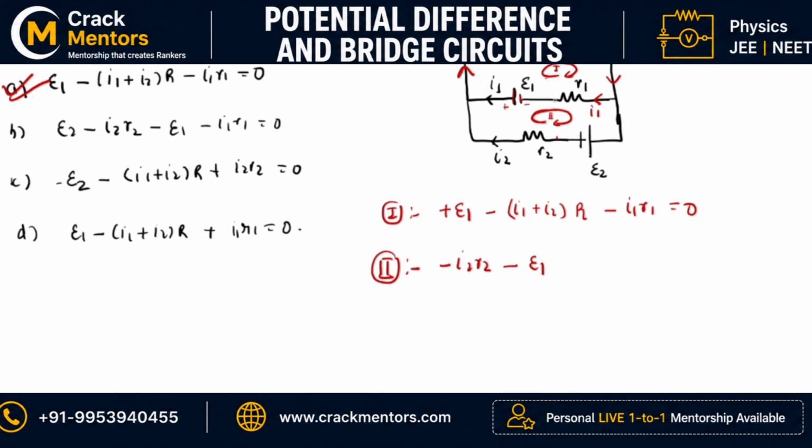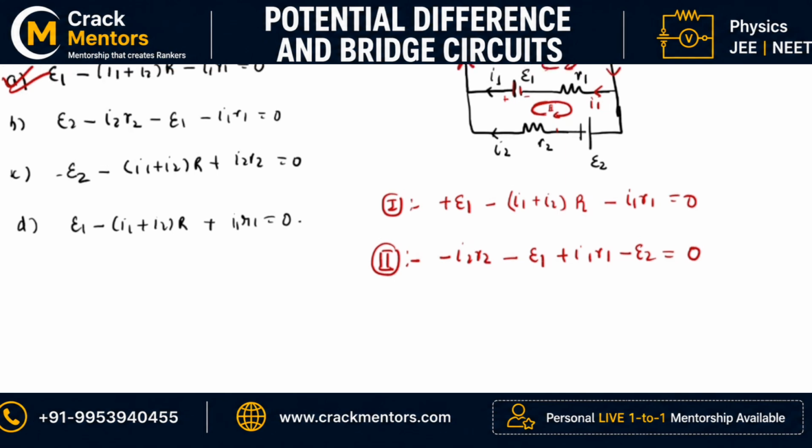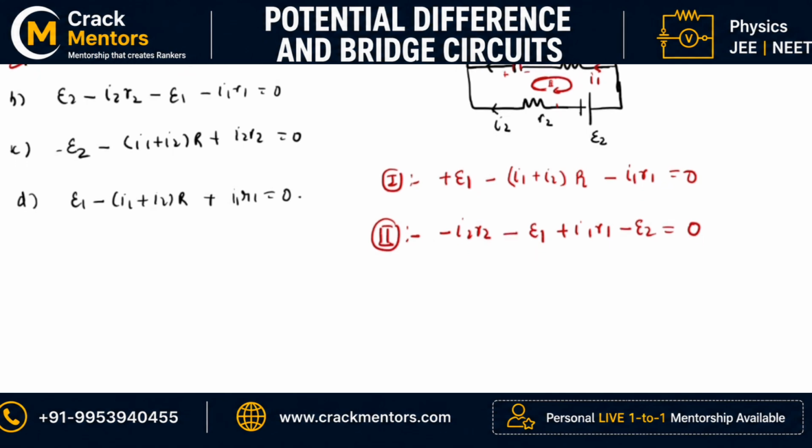Then you are going in the opposite direction to the current of R1, therefore plus I1 R1. And then you are going from the positive to the negative terminal, therefore minus E2 is equal to 0. I hope that makes sense. Is any option matching with the same? Check it. No, none of the options matches here. Therefore the correct answer is definitely the first one.